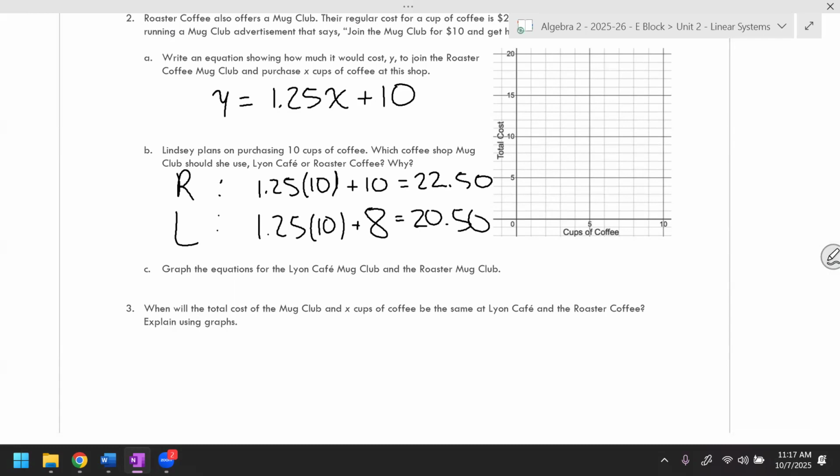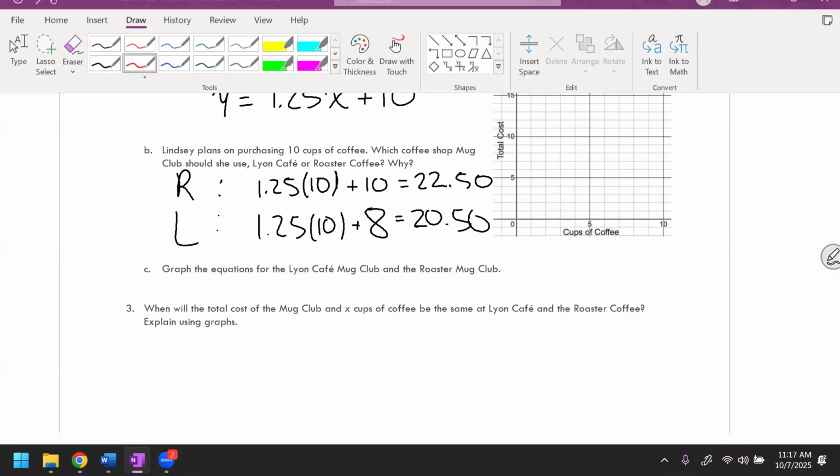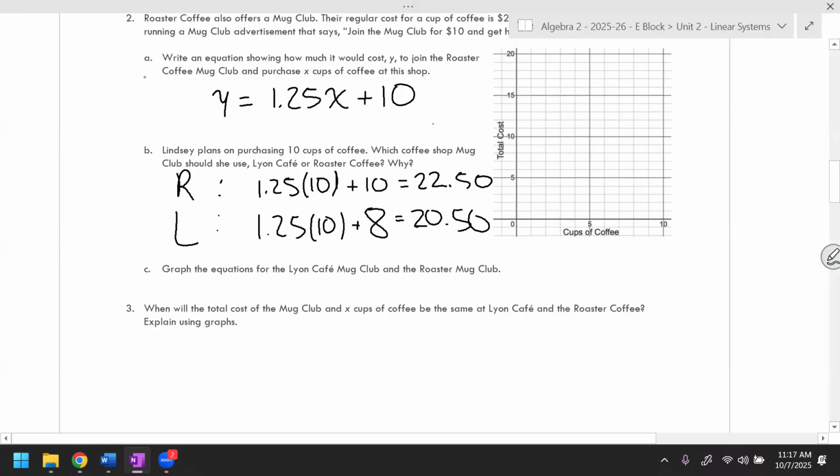Okay, and then Mia, what are your two equations? What are the two lines looking like? Can you describe maybe where to start and where to go? You don't know? That's okay. Let's just do it from here then. We've got an equation that looks like y equals mx plus b. So where's the y-intercept for this one representing our Roaster coffee? What's our y-intercept? Yeah, 10, right? Or (0, 10). Just going to start here. And what's our slope?